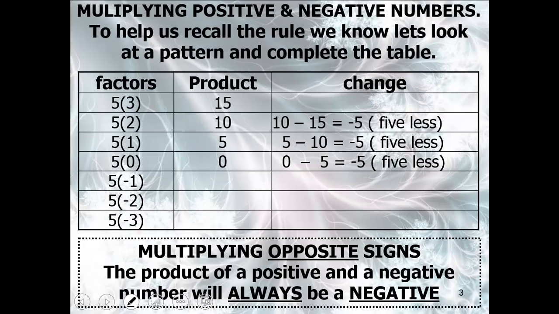Now I want to take a look at multiplying positives times negatives. We're going to multiply positive and negative numbers, and I'm going to start by demonstrating a pattern so that it'll hopefully help you remember the rule. I'm going to start by multiplying 5 times 3. That product is a positive 15.